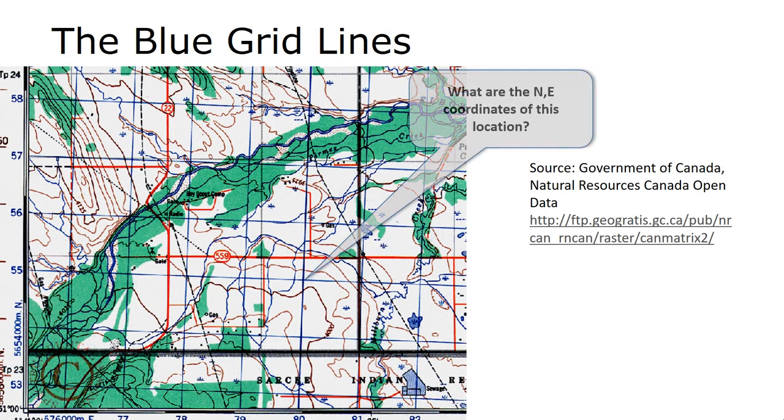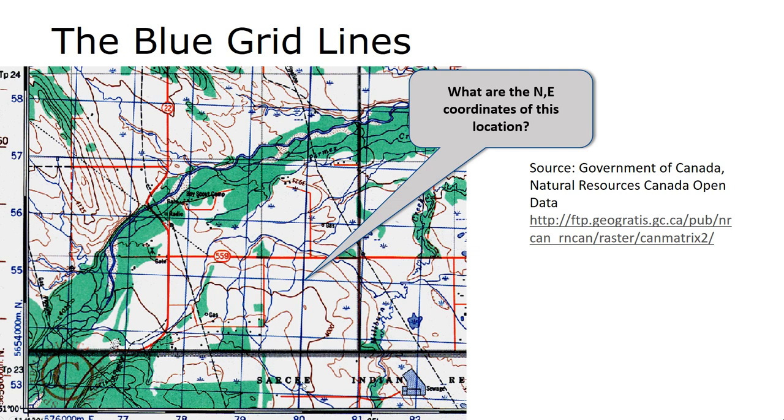So if we want to find the coordinates of this location, my screen capture software may cut off these numbers a little bit along the bottom, so I apologize for that. Let's start with the easting. It is at 576,000 meters east. That's where 76 is along this line, and then we have 77, 78, 79, and 80.